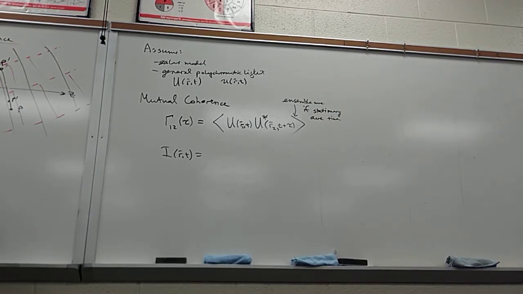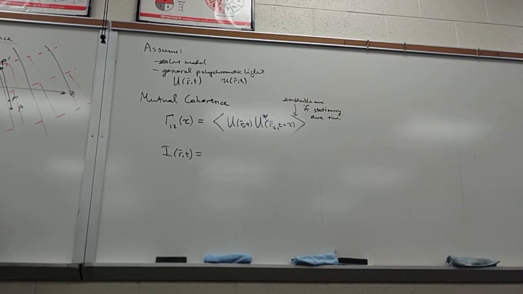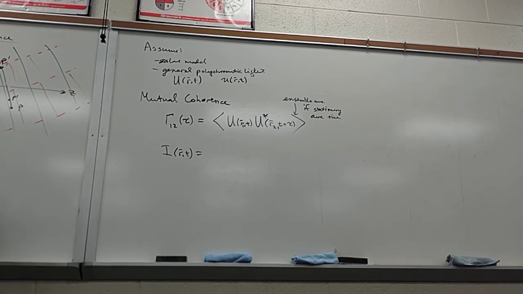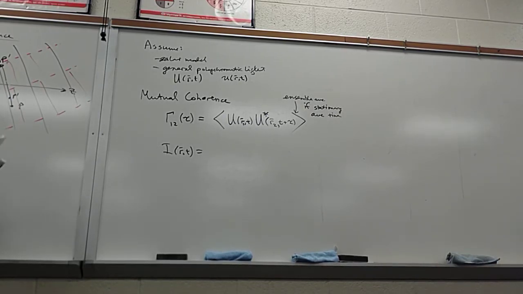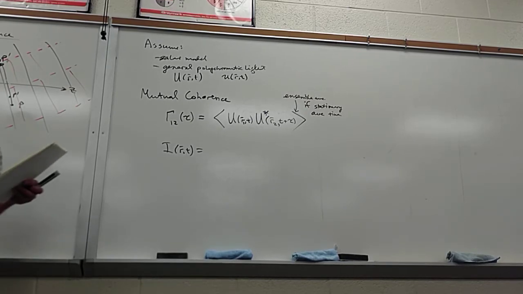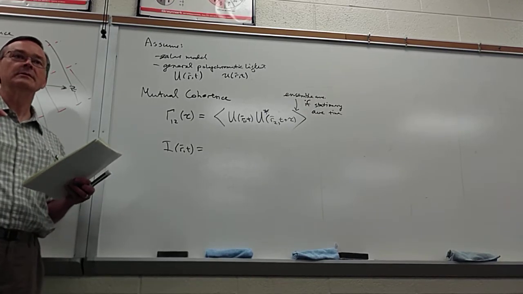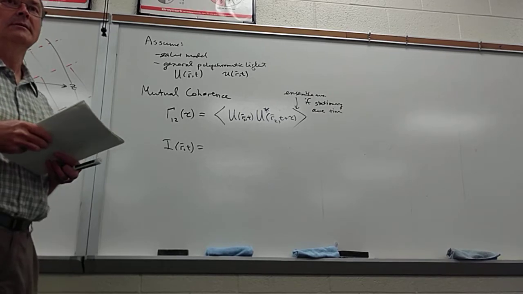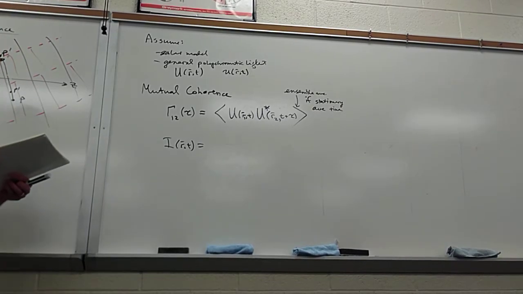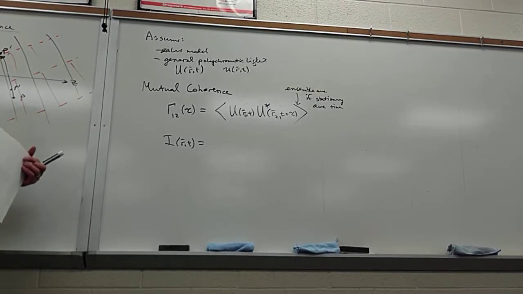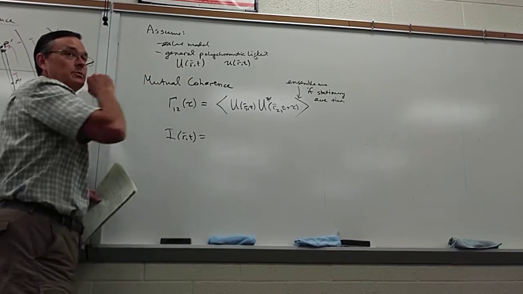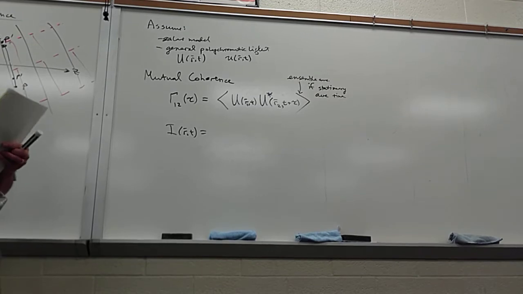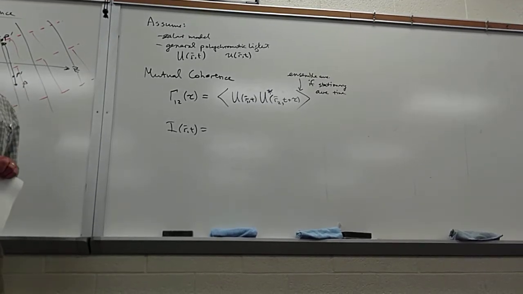So I'm glad you mentioned that, because this points up the whole notion of what our assumptions are, what our terminology and notation are, so that we get it all straight in our mind. So that is the definition for the complex representation of general polychromatic light: 2 times the integral of u sub mu e to the 2 pi. So it's going to be the magnitude of that squared, right?